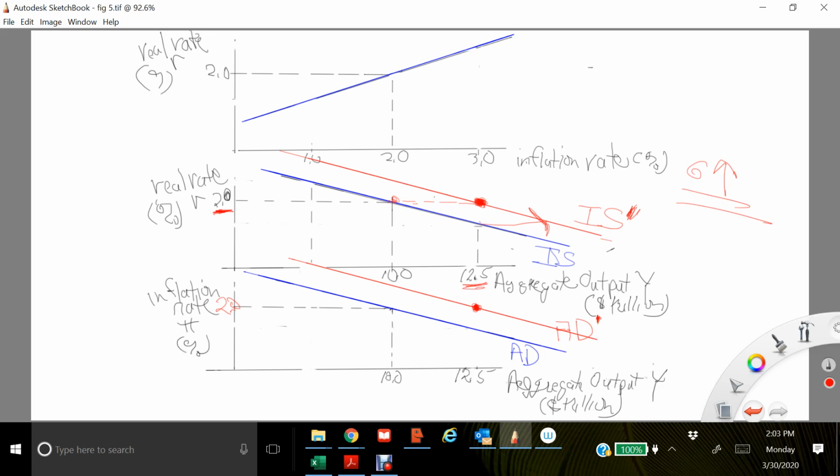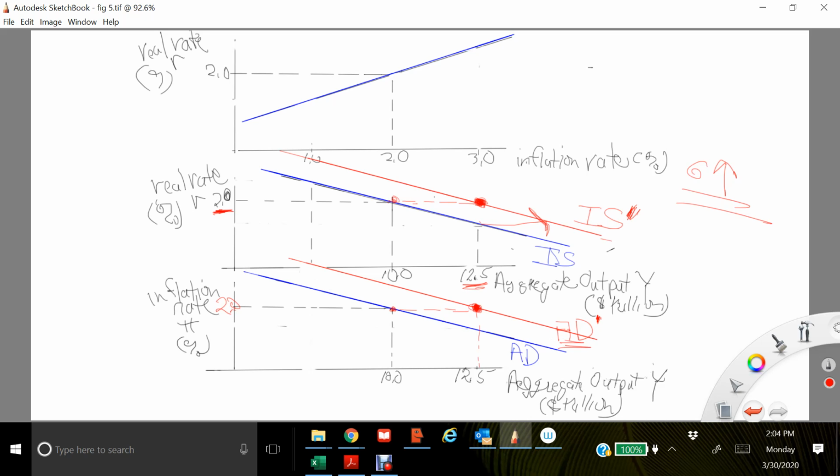And so when you go to your aggregate demand curve, at each inflation rate, you would increase output similarly, and you end up with your new aggregate demand curve.